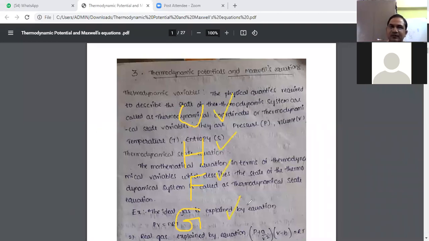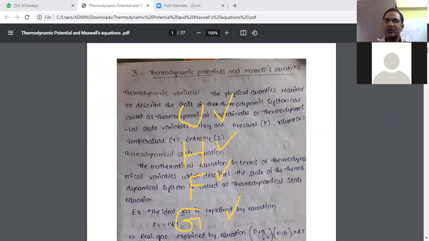By using these four scalar functions, all these are energy functions. Internal energy is an energy function. Enthalpy is also a form of energy. Free Helmholtz energy, also we use the term energy. Gibbs free energy is also an energy term.